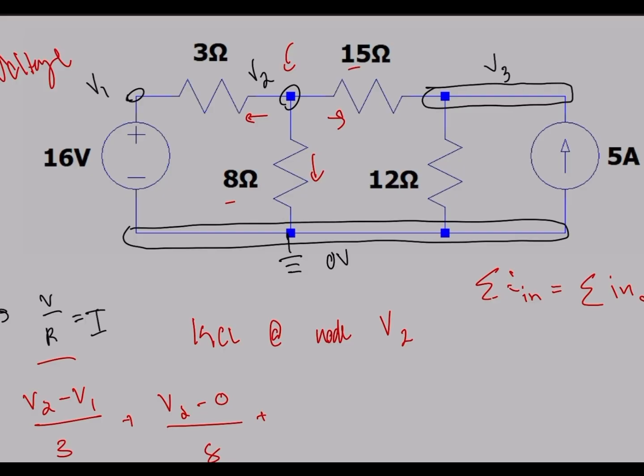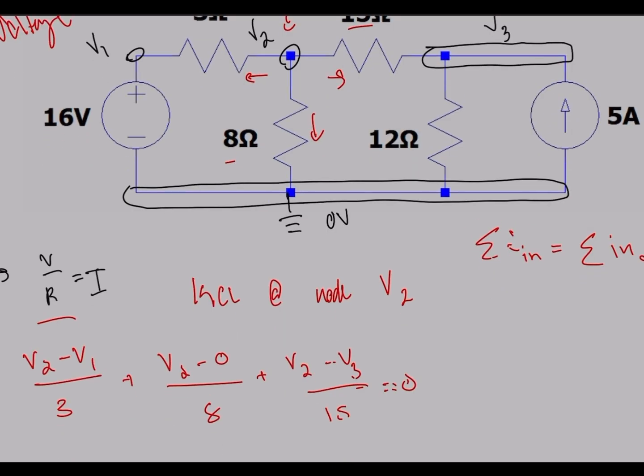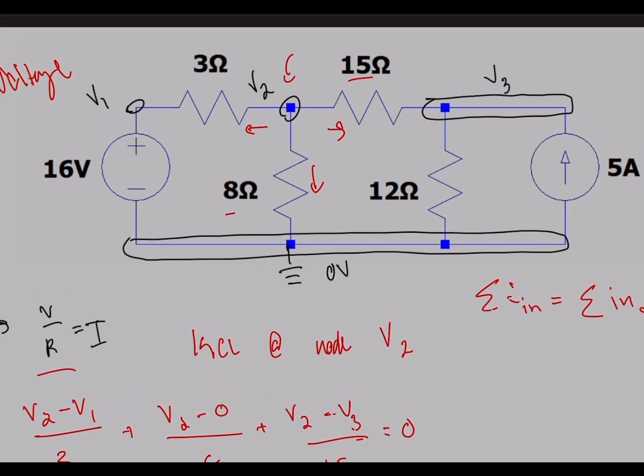And next, the current going through this 15 ohm resistor, which will be V2 minus V3 divided by 15, and that's equal to 0. So this is one equation.